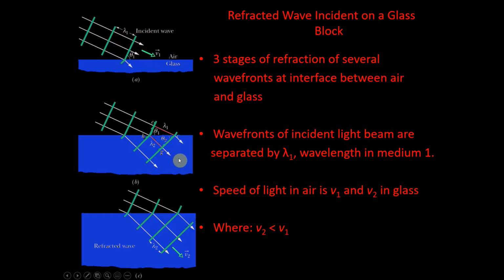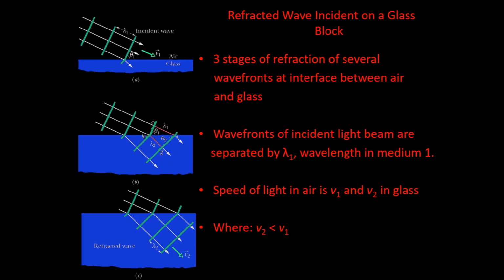As they pass through to lambda 2, then we have to look at a change in speed. We've said before that the denser medium, such as glass here, will have a lower speed of light than the air medium here, the more rarefied medium. As such, v2 inside the glass is lower than v1 outside the glass. This will give a corresponding change in the wavelength.